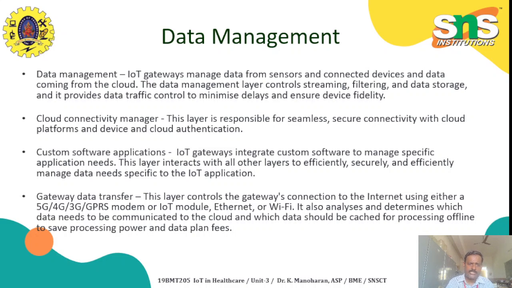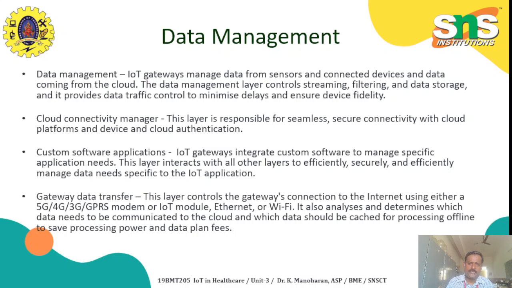Custom software application: IoT gateways integrate custom software to manage specific application needs. This layer interacts with all other layers, securely and efficiently managing the data needs of specific IoT applications. Gateway data transfer: the gateway connects to the internet using either a 2G, 3G, 4G or any other GPRS modem or IoT modules, or you can use Ethernet, Wi-Fi or any other internet protocols.